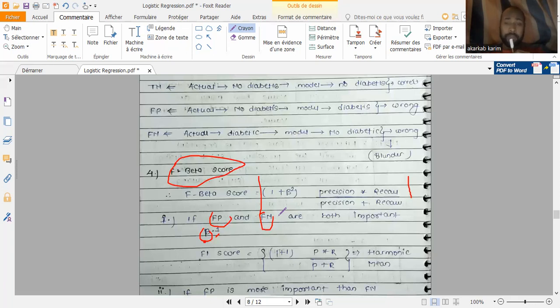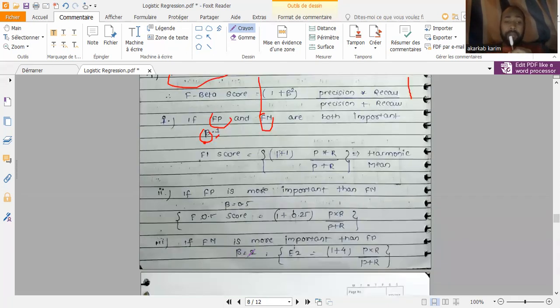Traders will care about precision, but industry will care about recall. At this time, both recall and precision are necessary, so we can use the F1 score. We give beta 1.